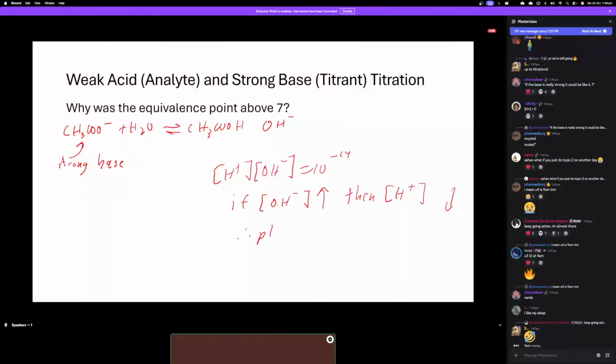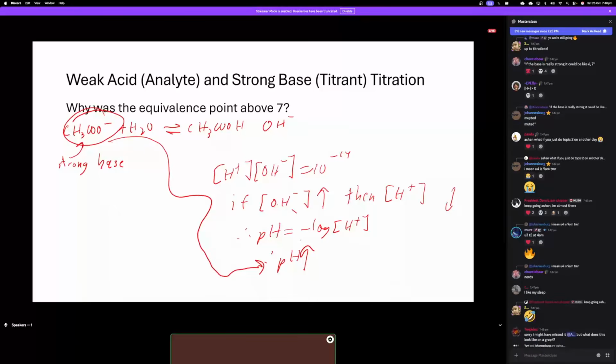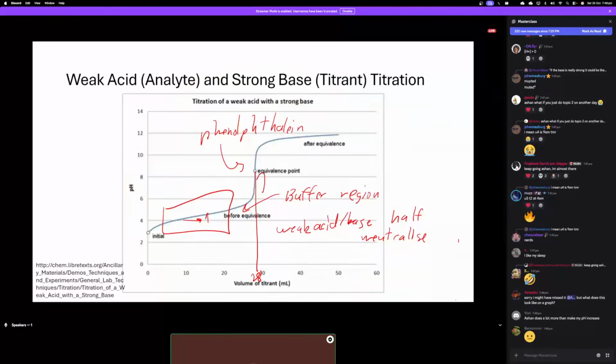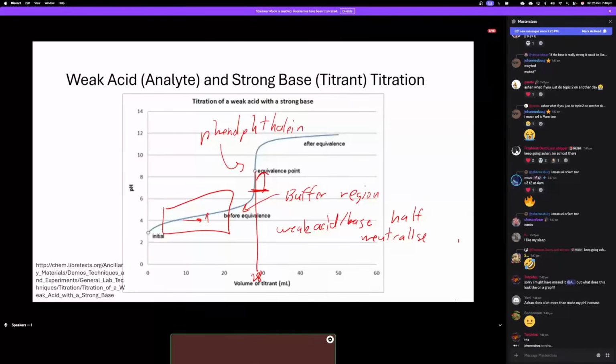Therefore, because pH is negative log concentration of H plus, pH should increase. It's a very crude way to say that because I am doing a weak acid with a strong base, and the strong base, through a long series of events, will cause the pH to increase. That's why this equivalence point is higher than 7. It looks like this on a graph. The equivalence point is above 7, which is what it should normally be.